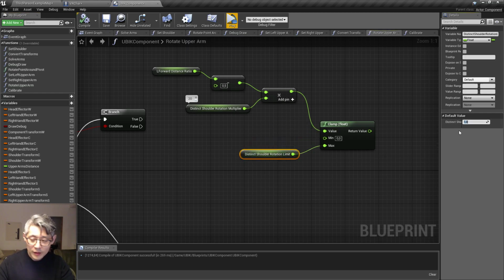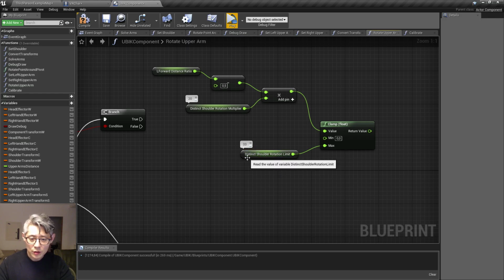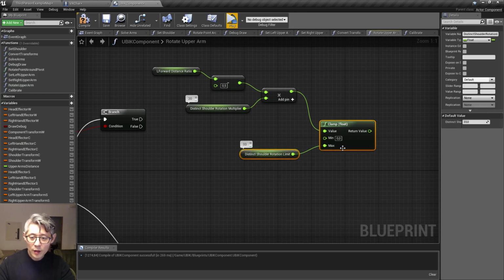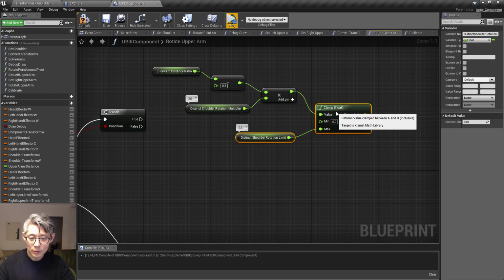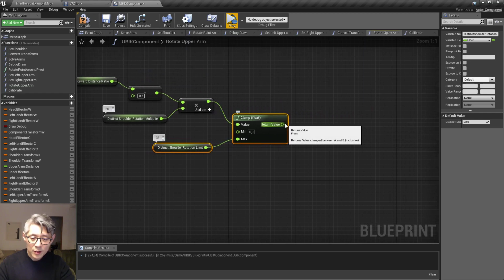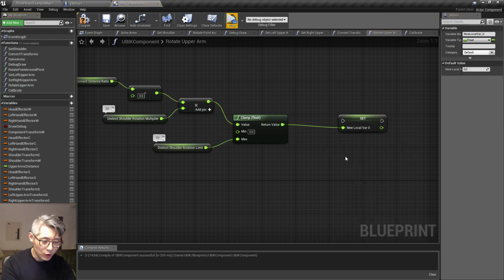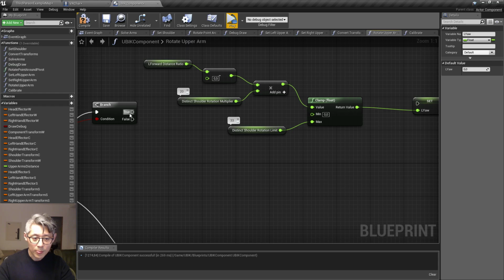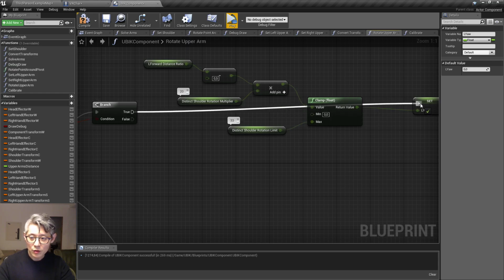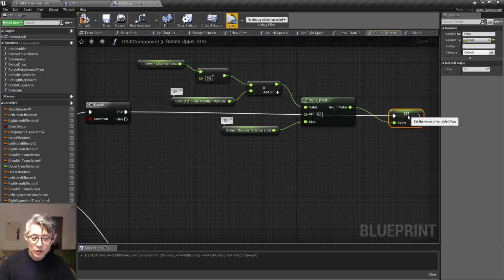So I believe it was set to 33. So for now we can just choose this. I think it's okay. Otherwise we'll just tweak it. And then let's just try and set this to a yaw like this. Might have to change this into a vector, but let's try this for now.